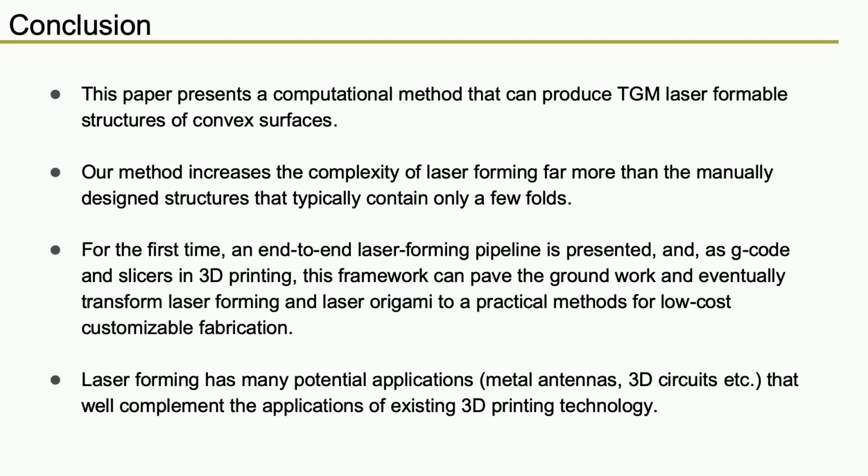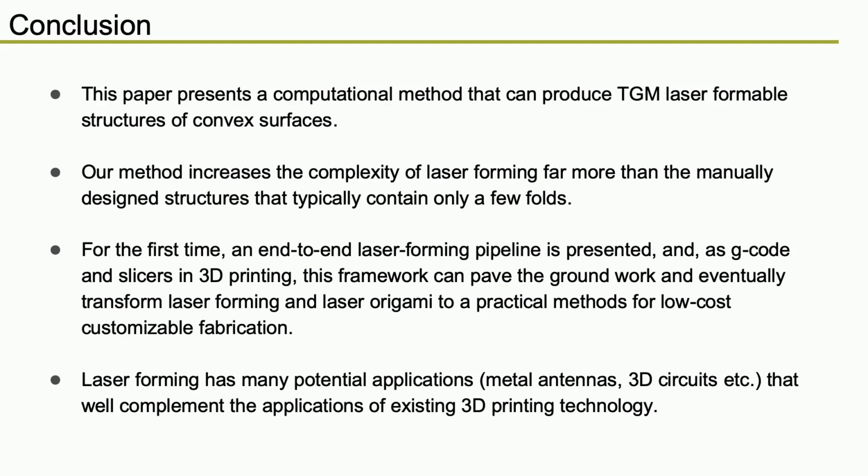In conclusion, this paper presents a computational method that can produce TGM laser formable structures of convex surfaces. Our method increased the complexity of the laser forming far more than the manual design of structures that typically contain only a few folds.